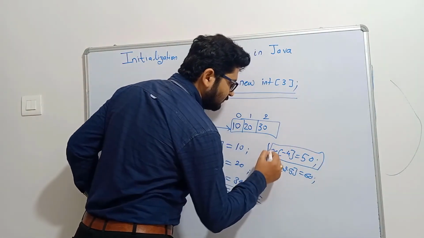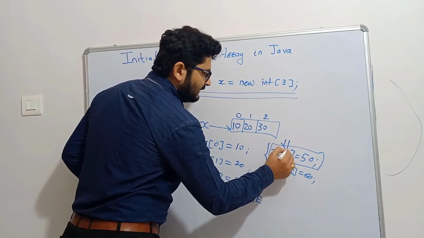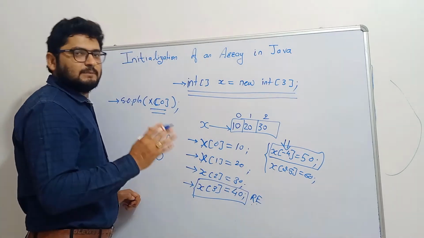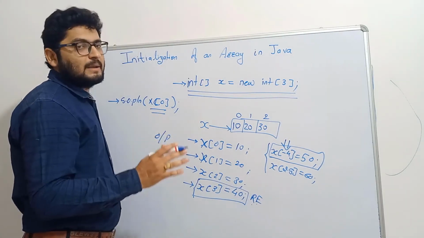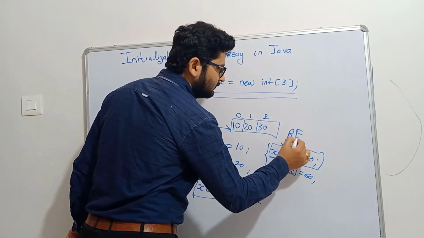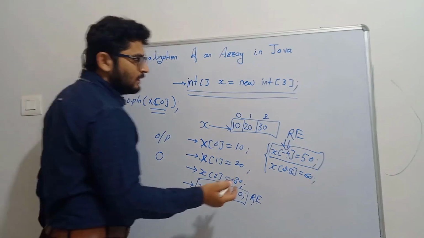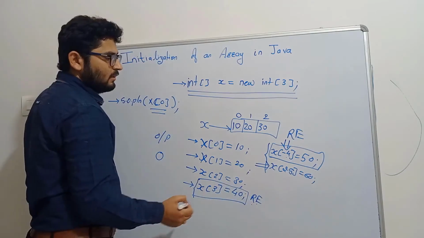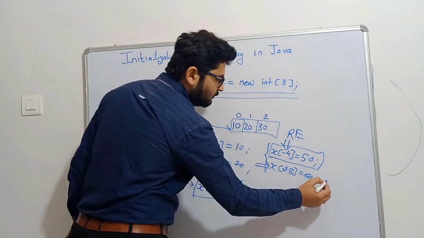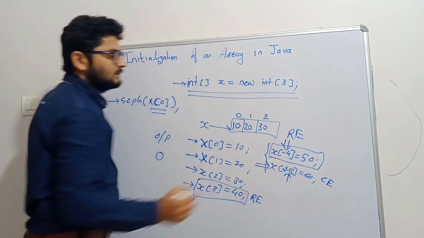Here you may think that you will get a compile time error, but here the expected value is an integer and minus 4 is nothing but an integer. That's why there will be no compile time error. But you are going to get a runtime error again because this index doesn't exist. Next, if you compile this line, then you are going to get a compile time error because this value is not an integer.